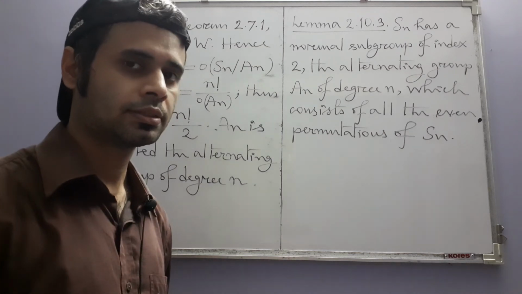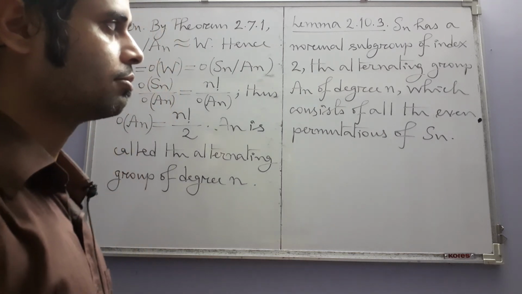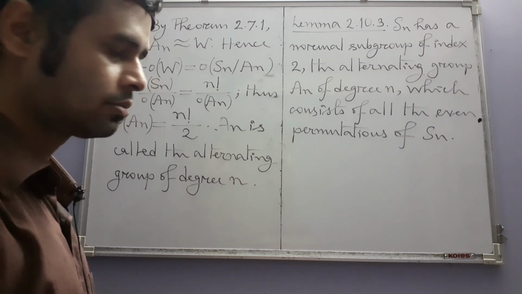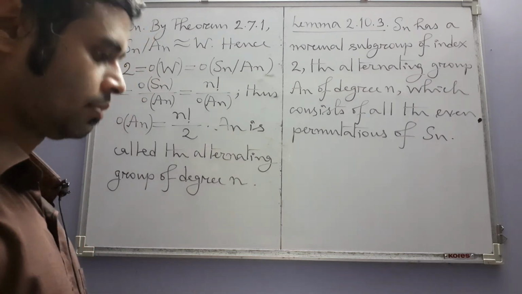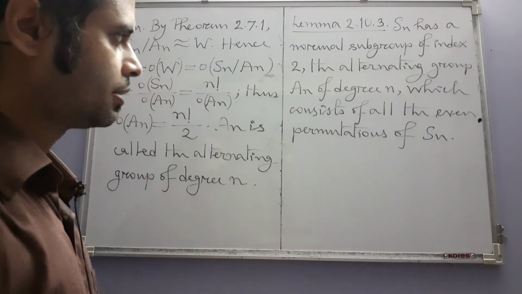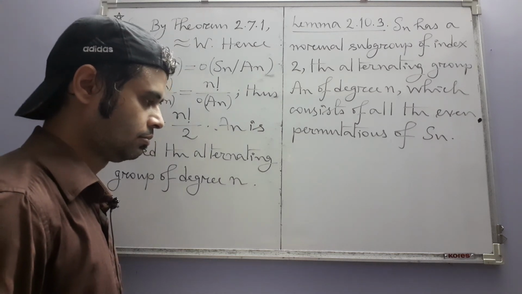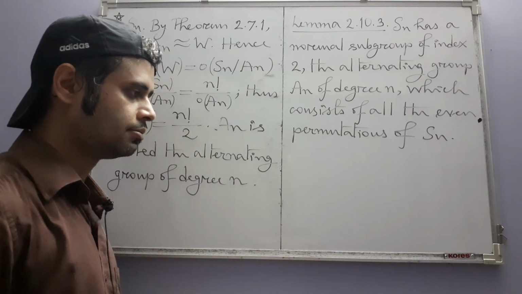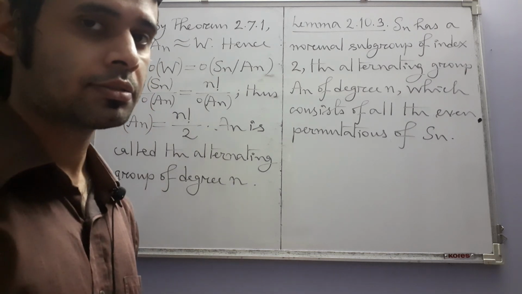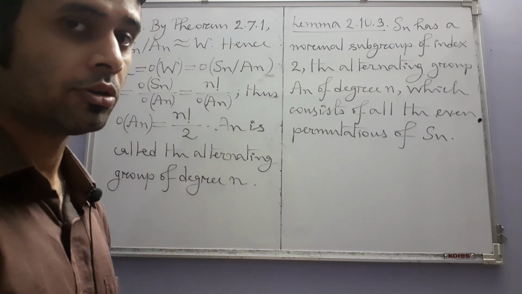After this we have the exercises which we will start solving in the next group theory video. In the next section we will come across one equivalence relation called conjugacy.